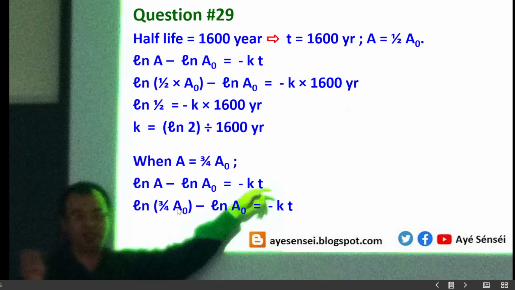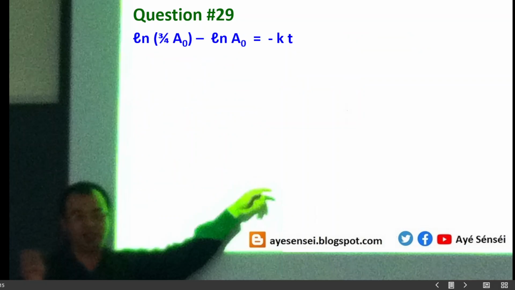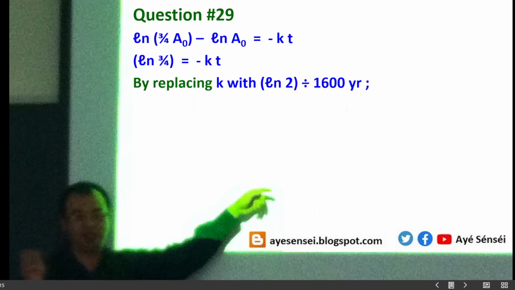So this will cancel out each other, leaving just ln 3/4, which is equal to minus k times t. And then next we can replace k with ln 2 over 1600 that we have found before. So by replacing that, we can get this.